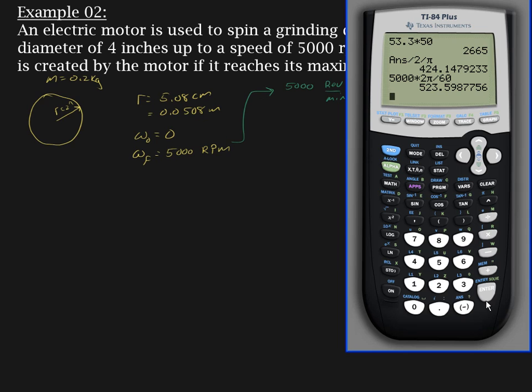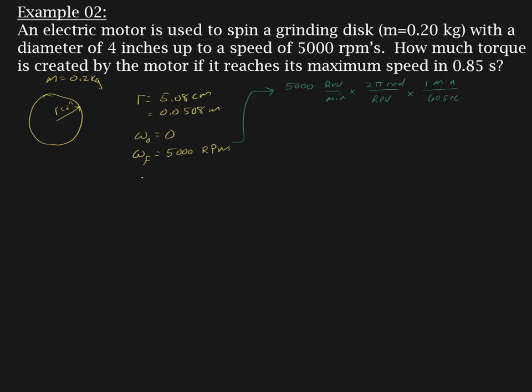And we get 524 radians per second. So omega final is going to be 524 radians per second. And we're given a time interval of 0.85 seconds.